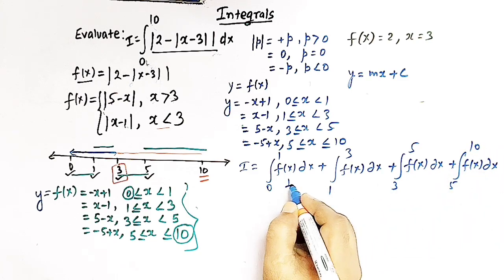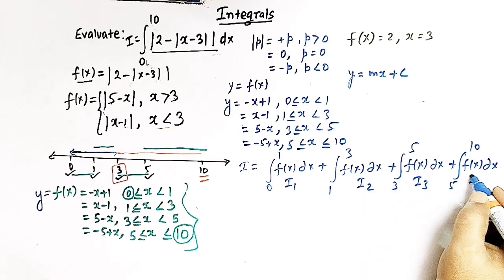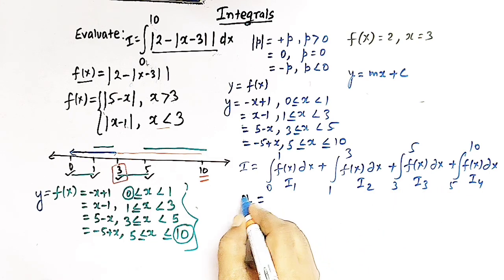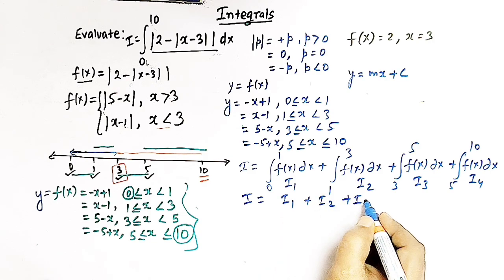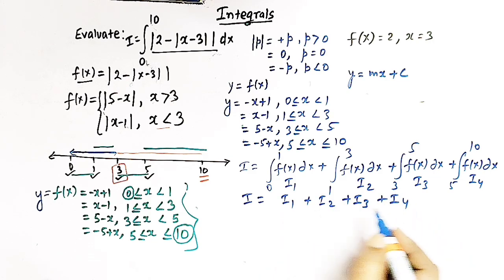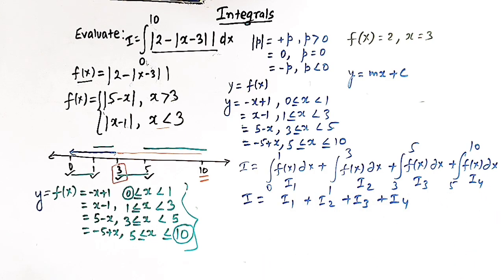So let us call these integrals as I1, I2, I3 and I4. So I is the sum of I1, I2, I3 and I4. So let us calculate the values of I1, I2, I3 and I4 individually.